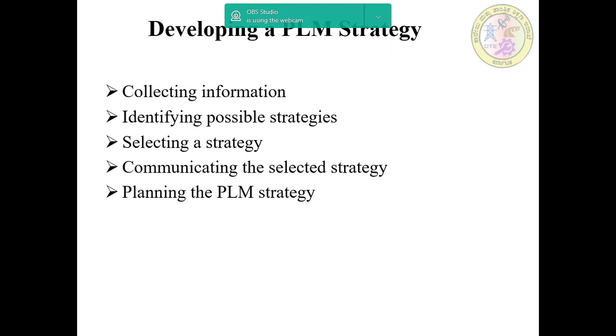The structure of the plan should follow that of the PLM framework, making it easier for managers and others to see how all the issues are linked and will be addressed. The plan will also show the details of the participating people and the manner in which the activities are managed by them. These are the 5 steps of developing PLM strategies.